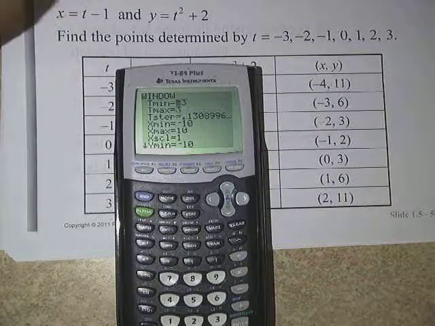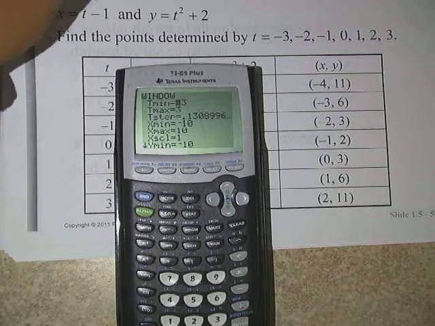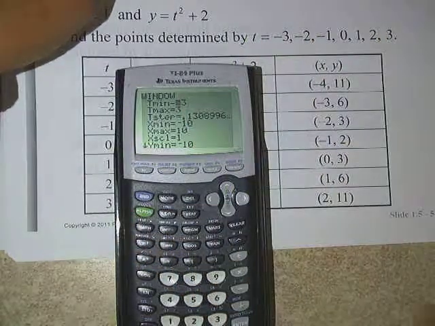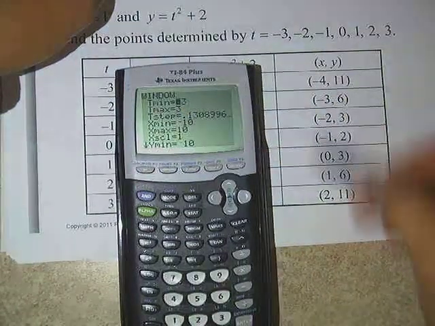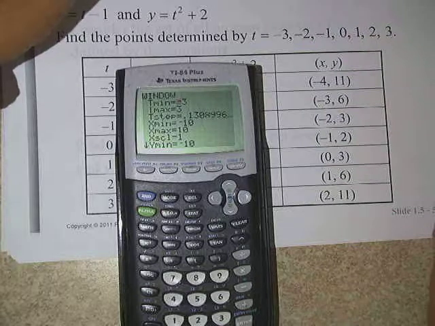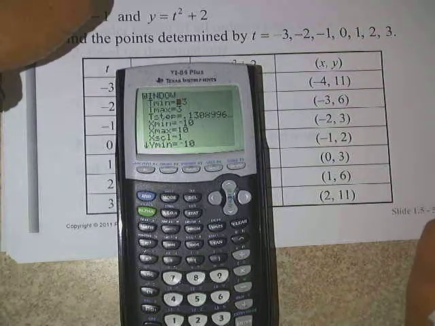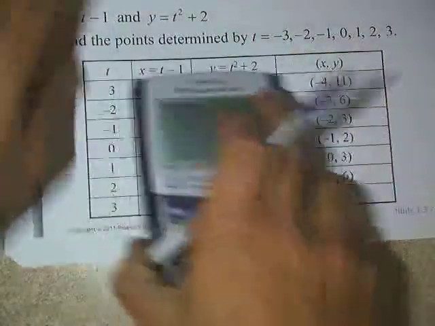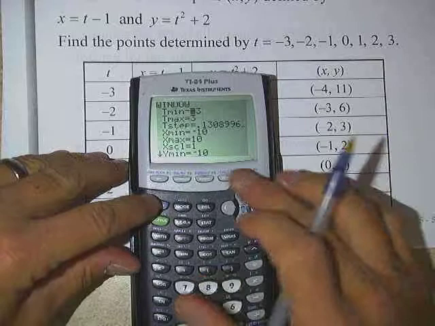So ultimately, if we made the t min, t max bigger, like if we went -10 to 10, that would produce more of the parabola. Fair enough? So we can make that really however we want it to look. But if we just close it off between -3 and 3, those are the only numbers that we can put in there. Therefore, it's going to only give us part of what that graph would look like if we were to use any t possible.